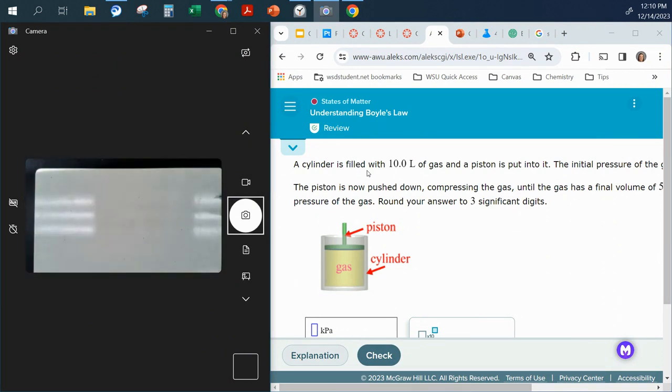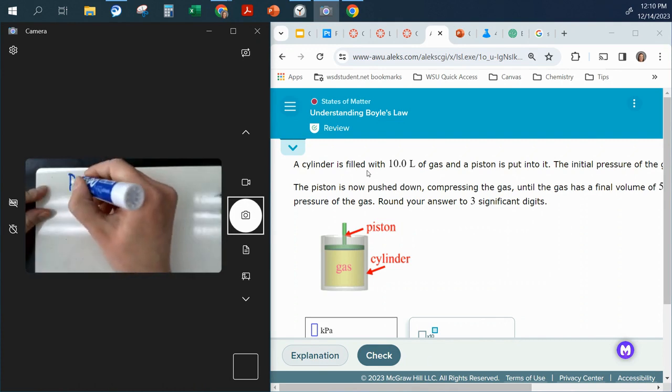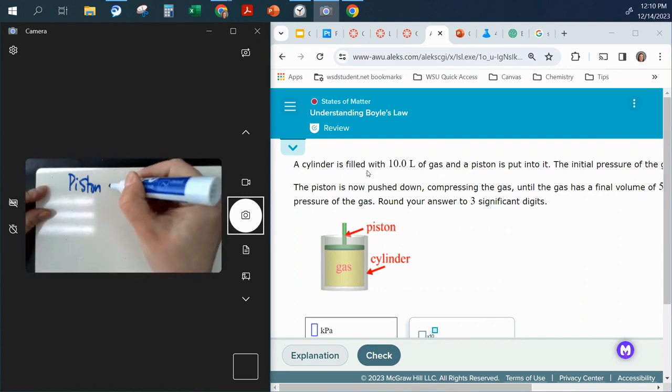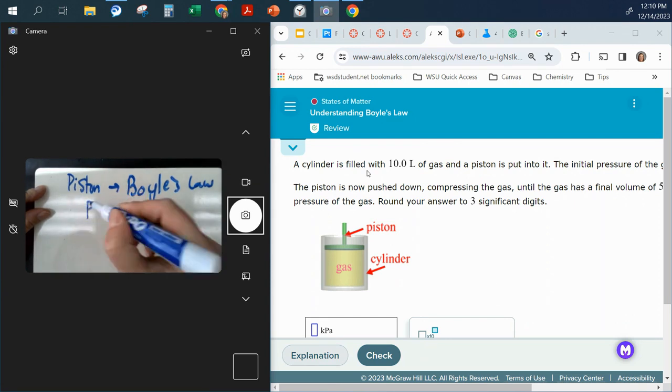So if we're doing the piston problem, that's Boyle's law, named for the person who found this relationship. Our equation is P1V1 equals P2V2.